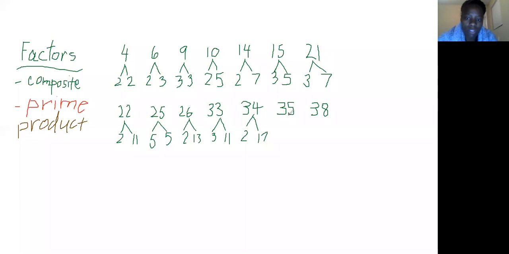The factors of 35 are 5 and 7. The factors of 38 are 2 and 19.